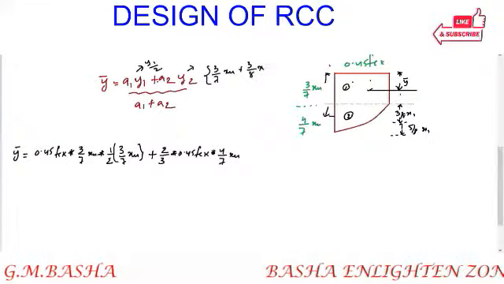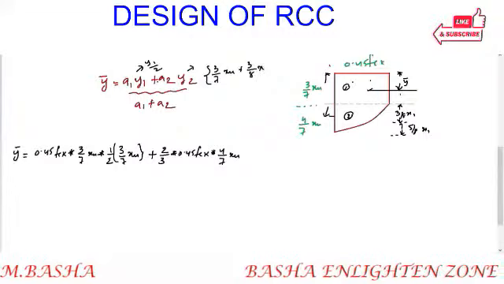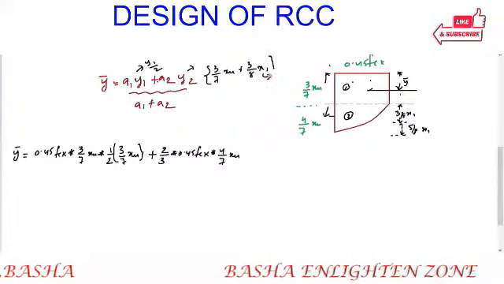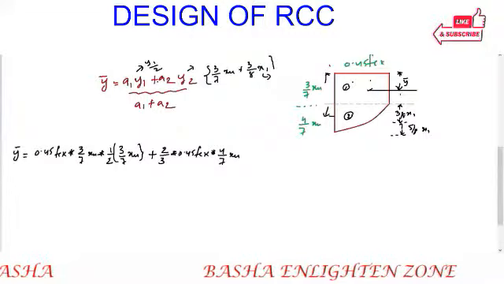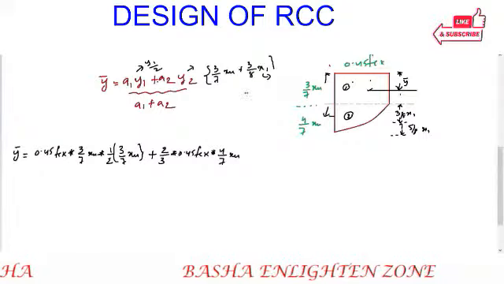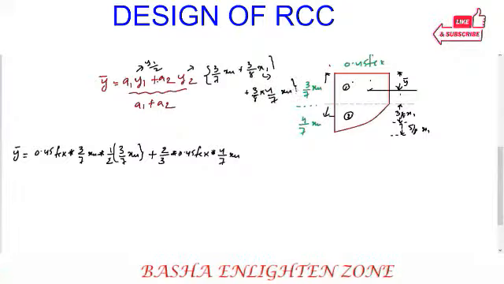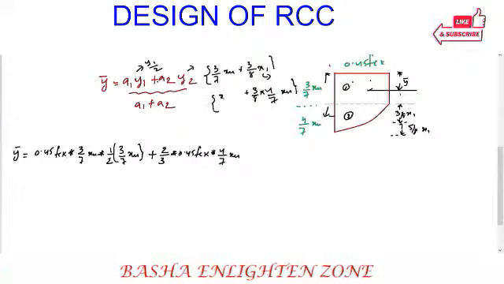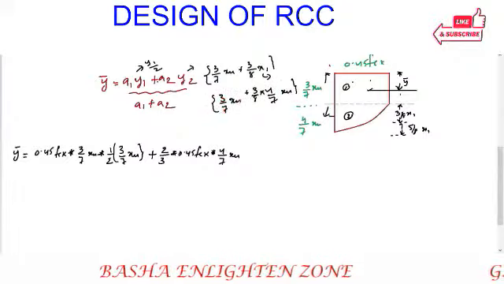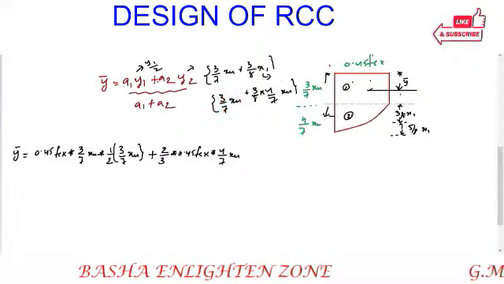So again, what about this x1? This x1 will be equal to 4 by 7 xu, so this is 3 by 8 into 4 by 7 xu. Like that we have to take it. In the total x1 distance, the center will be exactly at a distance of 3 by 8.